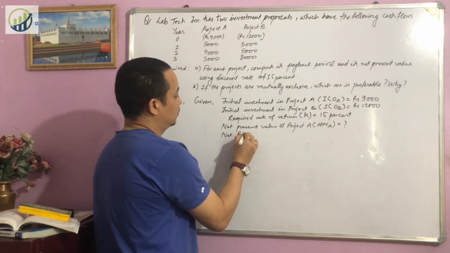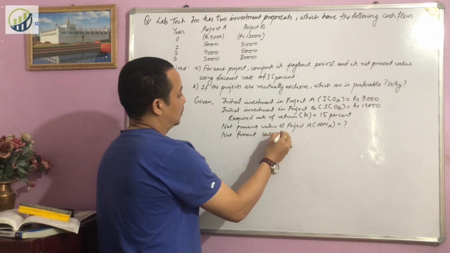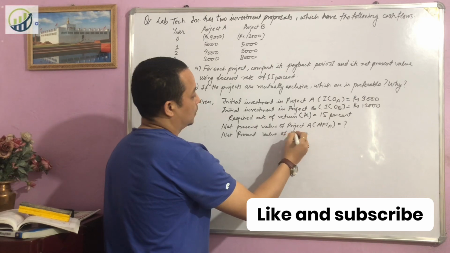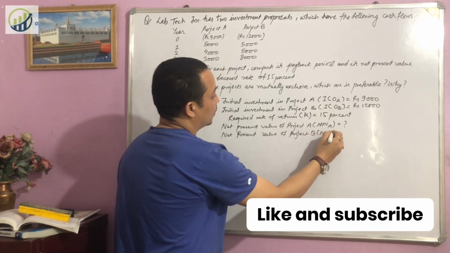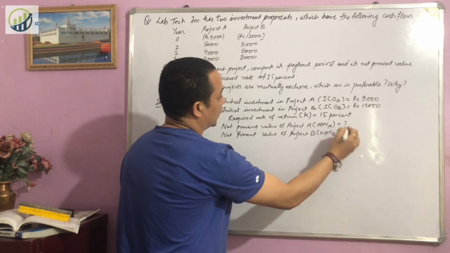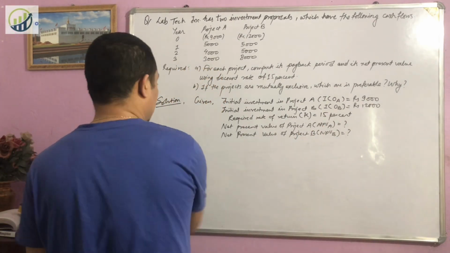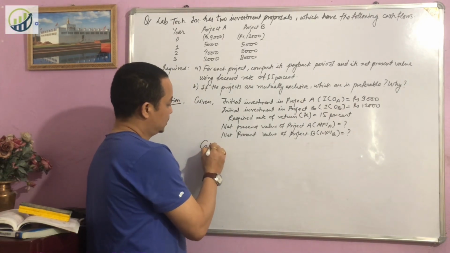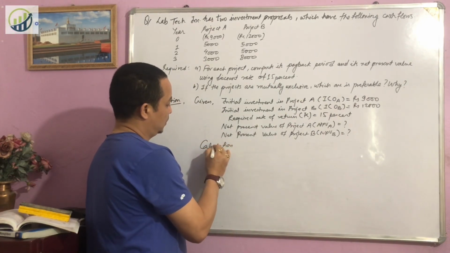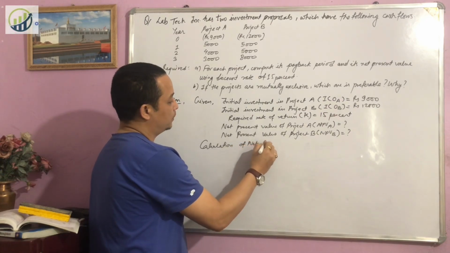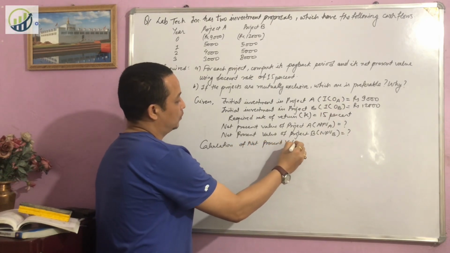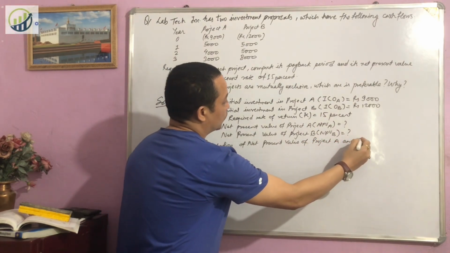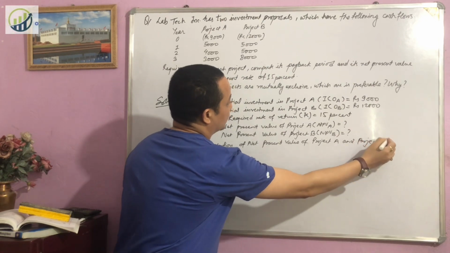Net present value of project B, NPV B equal to what? So now let's do this. Let's find the net present value, calculation of net present value of project A and project B.